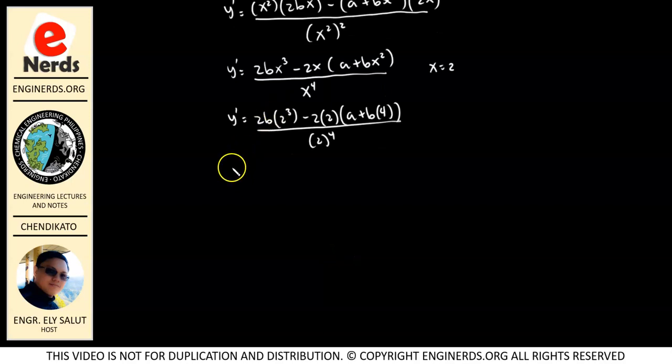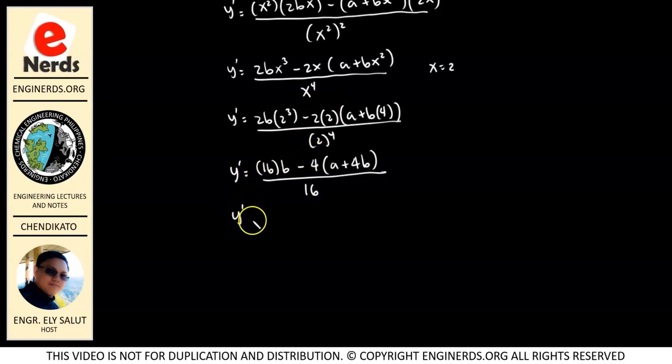So y prime is equal to, 2 cubed is equal to 8, times 2 will be 16. So we have here 16b minus 4 times a plus 4b over 2 to the 4th, which is equal to 16. Well, we can factor out 4 here.